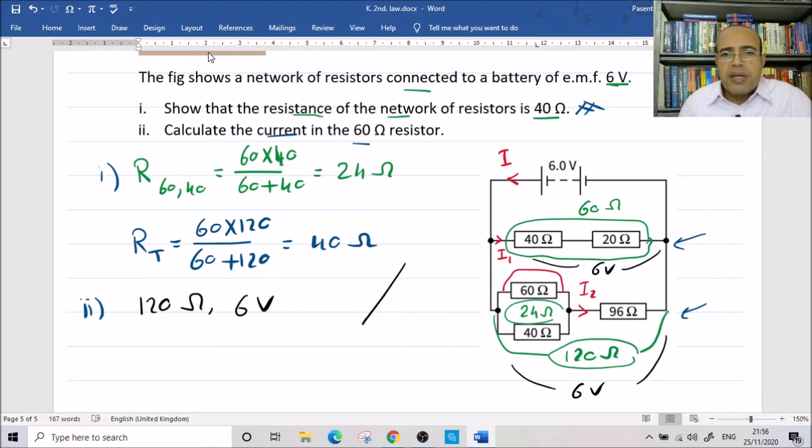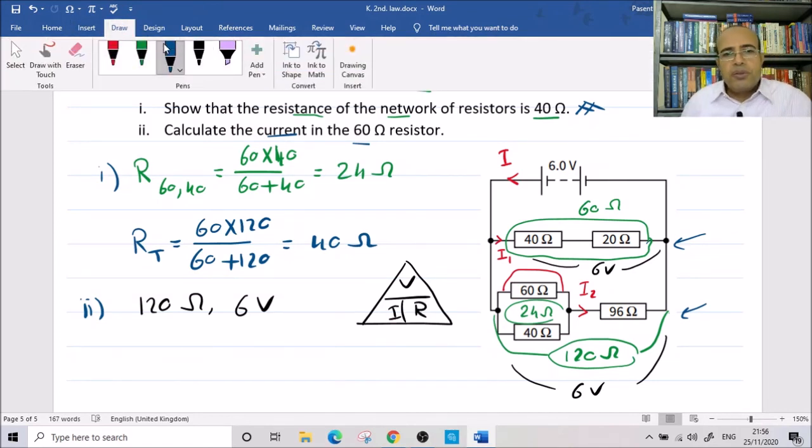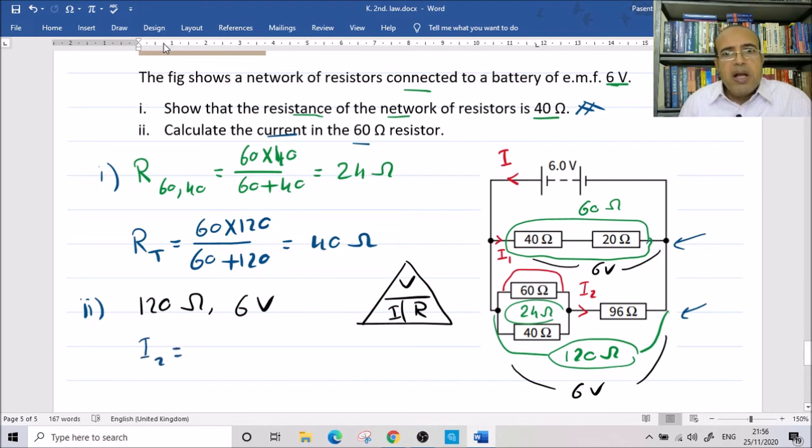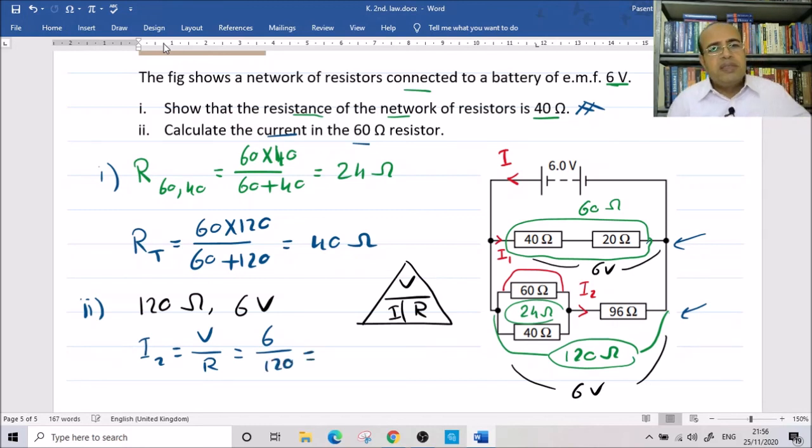By using Ohm's law, V equals I times R, I2 equals V over R. V equals 6 and R is 120. 6 divided by 120 equals 0.05 ampere.